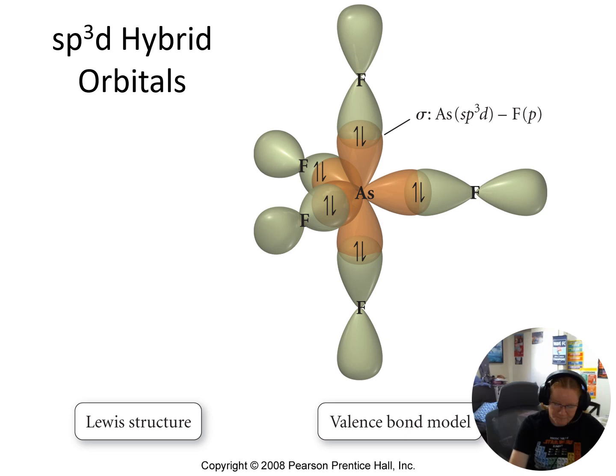Okay. And then when we start looking at other structures here, this is what it looks like 3-dimensionally as everything overlaps. We draw a Lewis structure that looks like this.